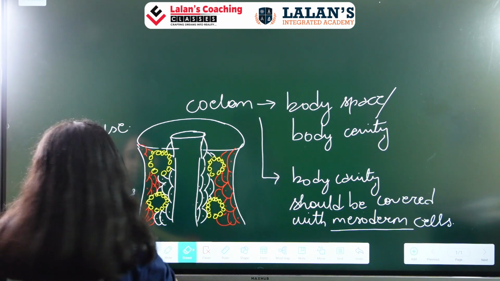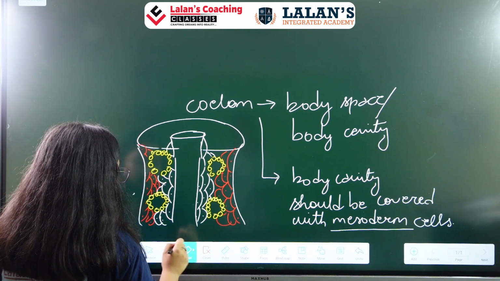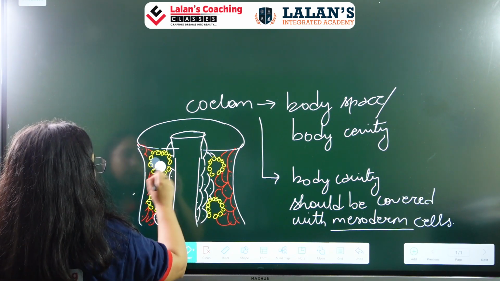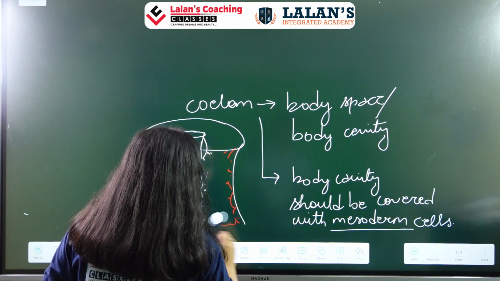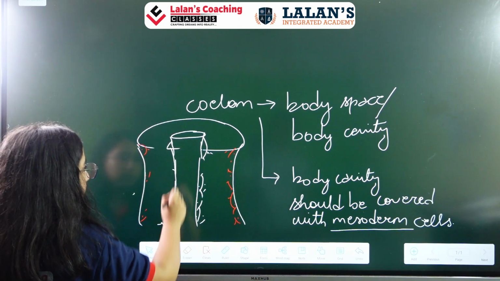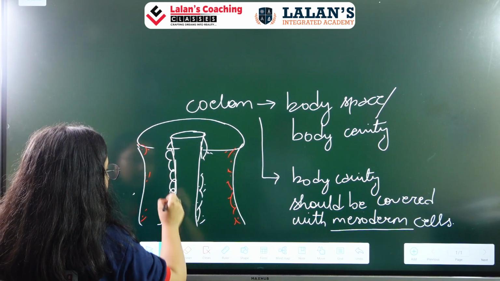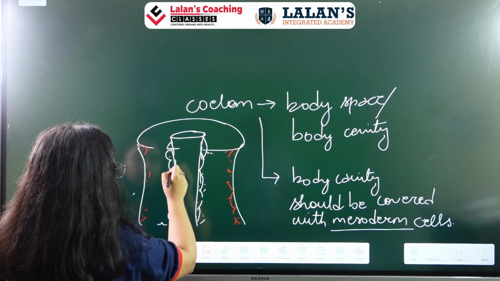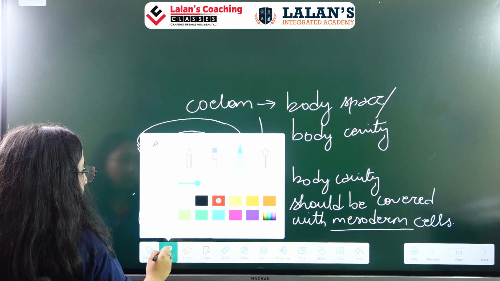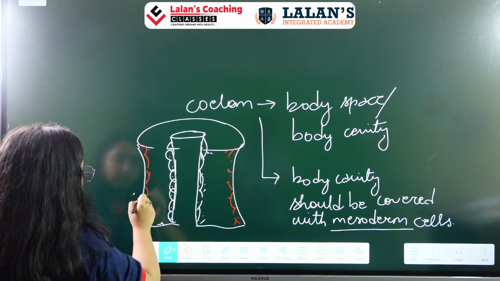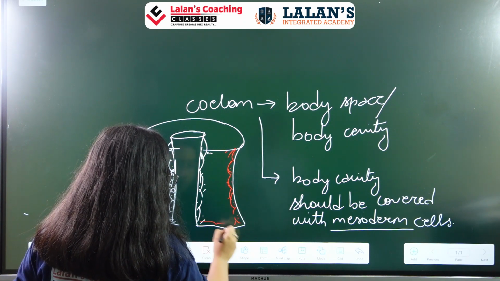After this, we have some animals whose internal body has a huge amount of space. So here we can make endoderm cells as usual. Then we have the ectoderm cells, which are making up the outer region of the body.